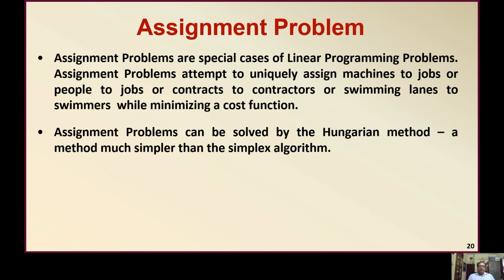And we might get a much better solution if we actually solve it by the assignment problem algorithm. All right. And there are very simple Hungarian methods available to solve assignment problems, which are much simpler than the simplex algorithm. And therefore, much bigger problems can be solved easily with the help of the assignment algorithms.